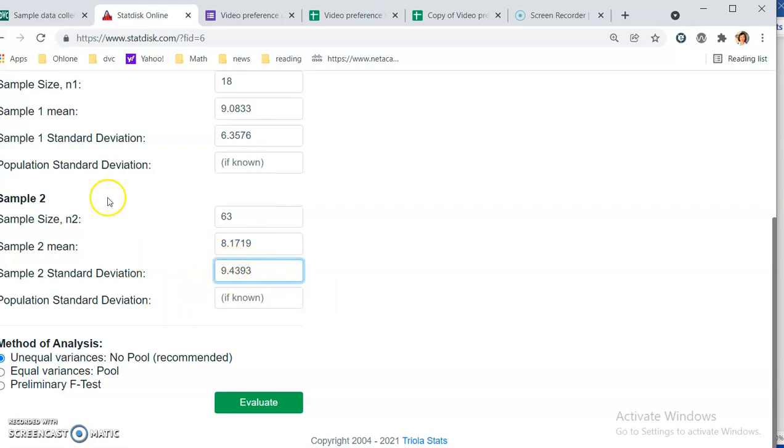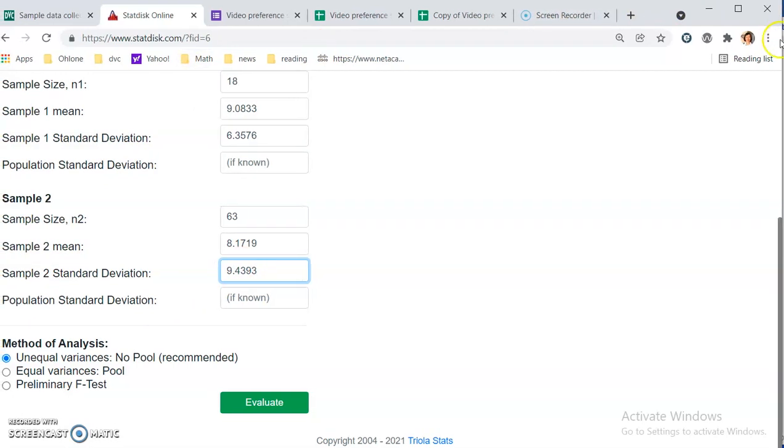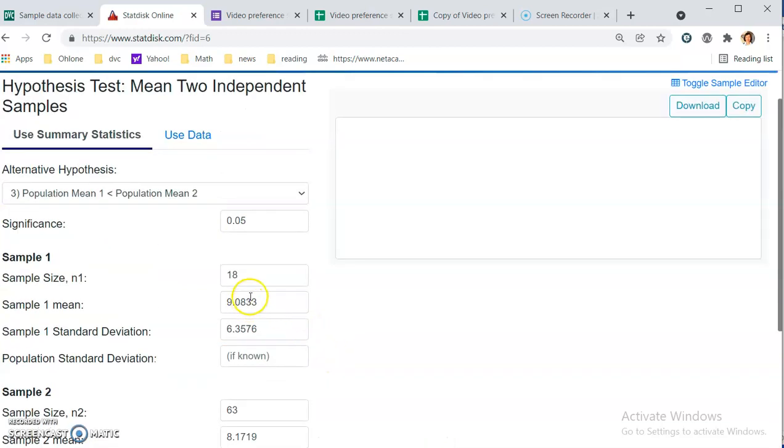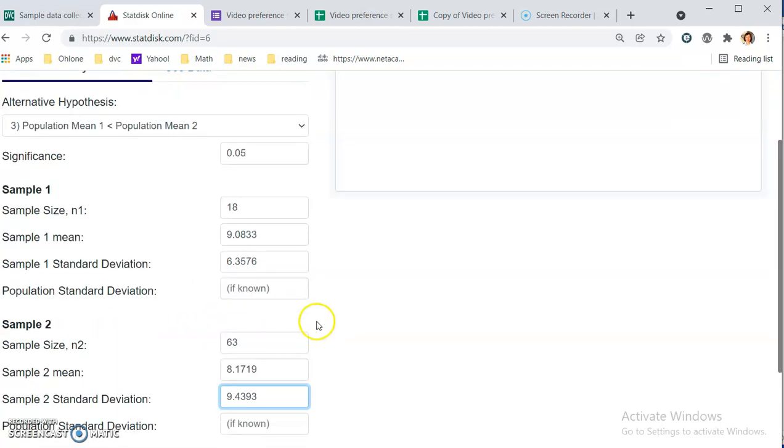9.4393. Sometimes the hunch that you have about the mean difference between two populations is wrong. So your sample actually shows that there is no way for this to be lower, because even the sample has a mean that is higher than that.